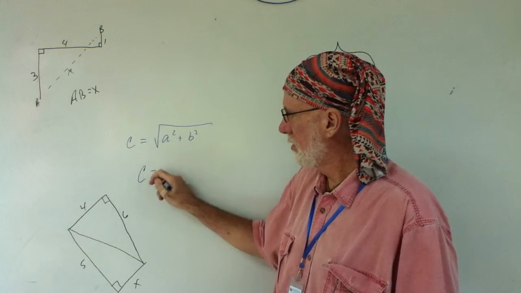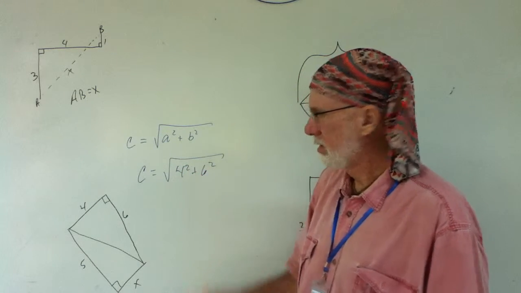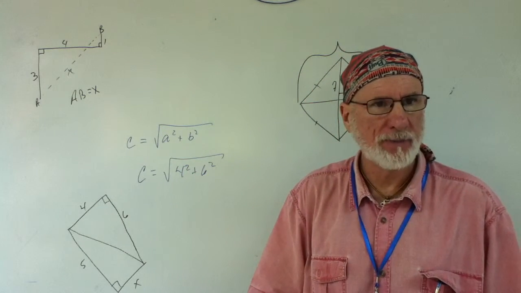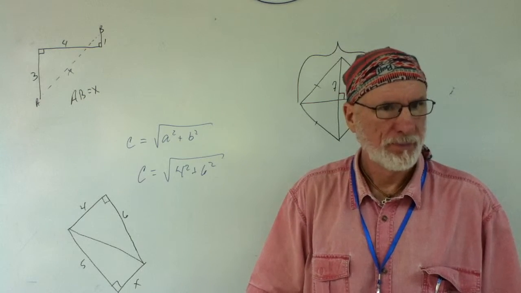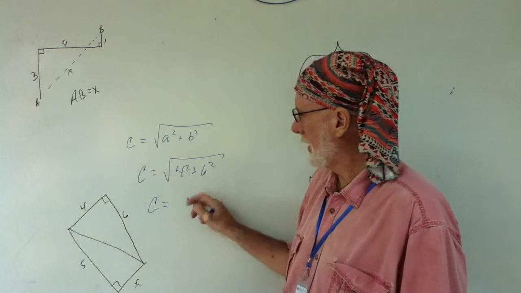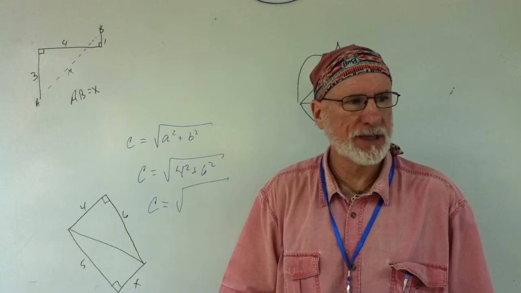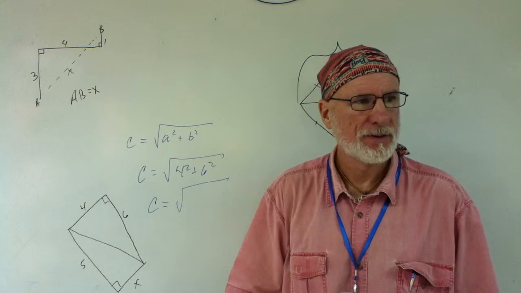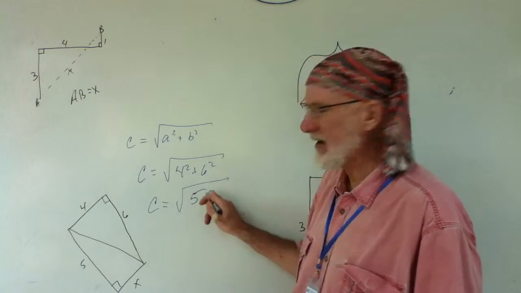So what's 4 squared? 16. Good. What is 6 squared? 36. What's 16 plus 36? 52, right? Excellent.